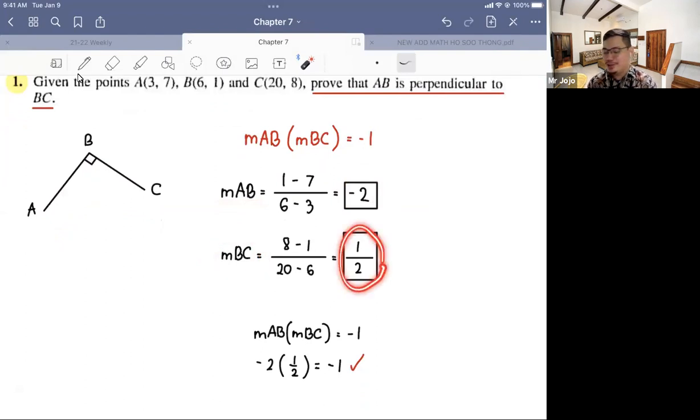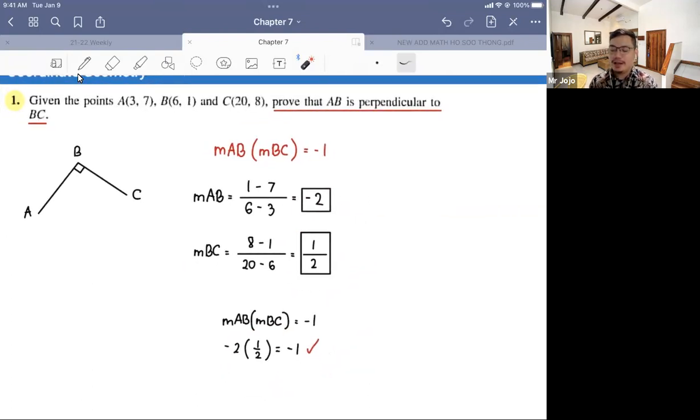When we multiply -2 and 1/2, are we going to get -1? Yes, we get -1 when we multiply these two gradients. Therefore, this proves that line AB is perpendicular to line BC. Okay, so that's it. Any questions?